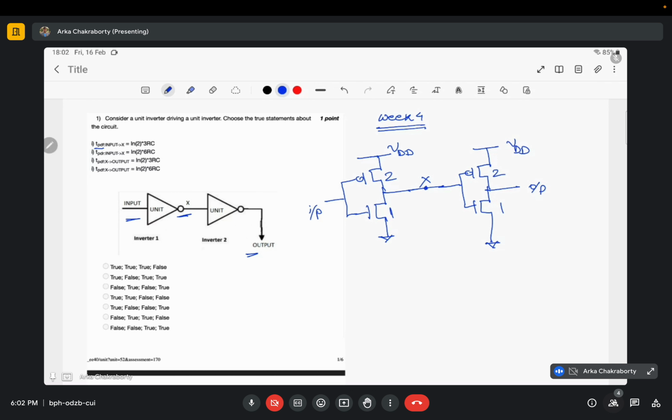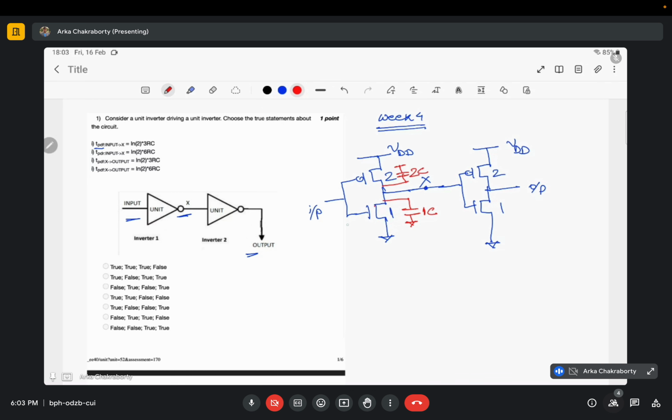Now let us look at what capacitances are involved here. Due to this NMOS, the capacitance would be 1C, because it is a unit NMOS, and the capacitance involved here is 2C.